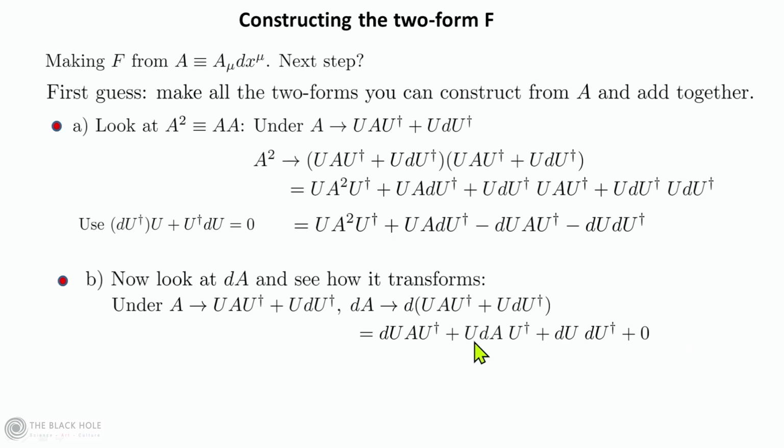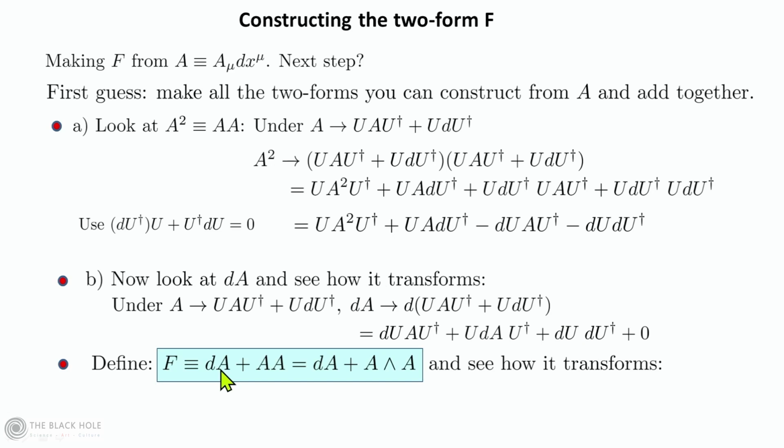And now notice over here. If I add dA to A squared, well, this will remain, but notice that this over here, minus dU A U dagger, cancels with this over here, and this will cancel with this over here, which means that if I take the sum of dA plus A squared, by the way, I'm not using this wedge anymore because it is too cumbersome.